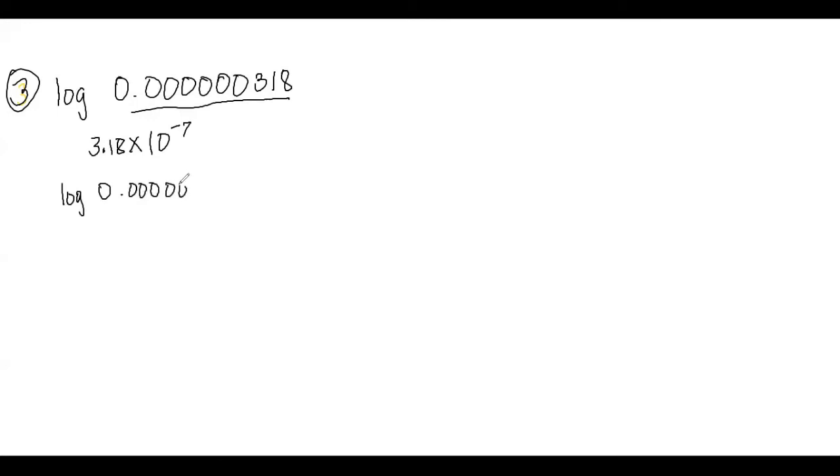Okay? So yun. So we have the logarithm of 0.000000318. Substitute this. So magiging logarithm of 3.18 times 10 raised to negative 7. Okay, tuloy tayo. So pag anuhin natin siya, paghiwalayin.